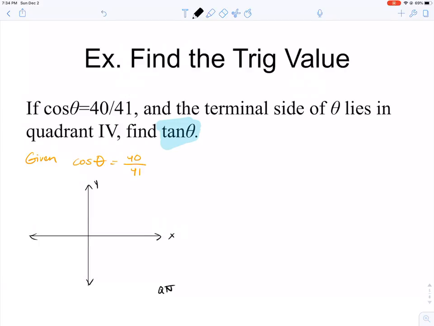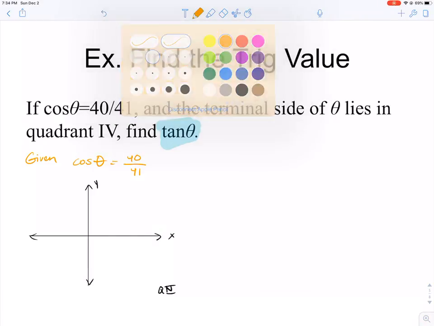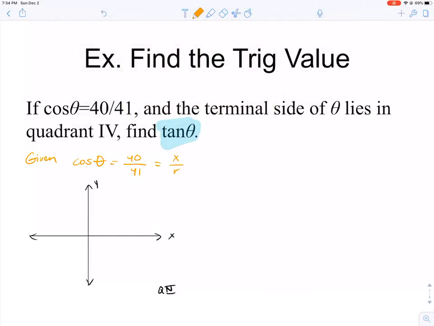Okay, so quadrant 4 is down here. Cosine, remember, is x over r.